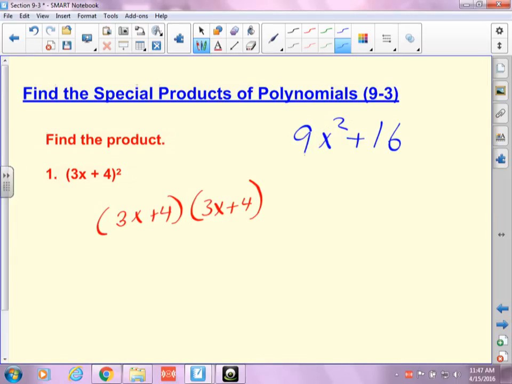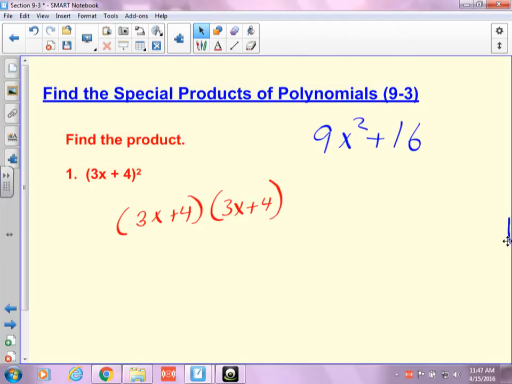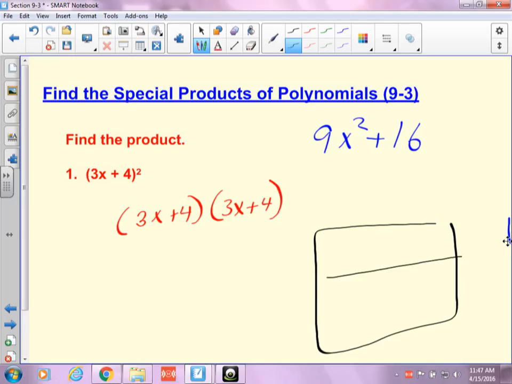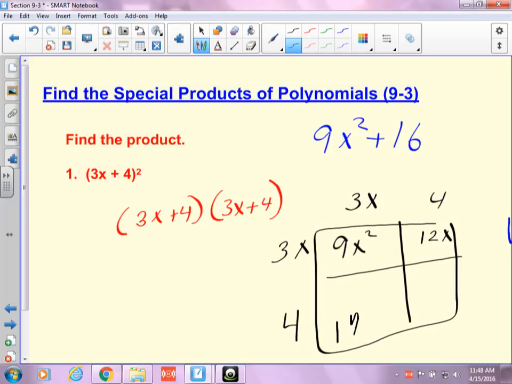Okay? This is why. What we're going to do, we're going to make our boxes, and remember it's a 2 by 2. So I got 3x and 4, 3x and 4. 3x times 3x is 9x squared. 3x times 4 is 12x, and then 12x, and then 16.